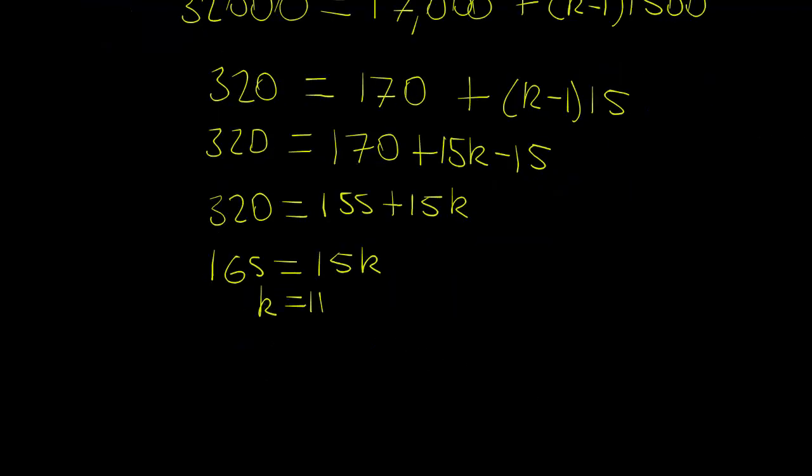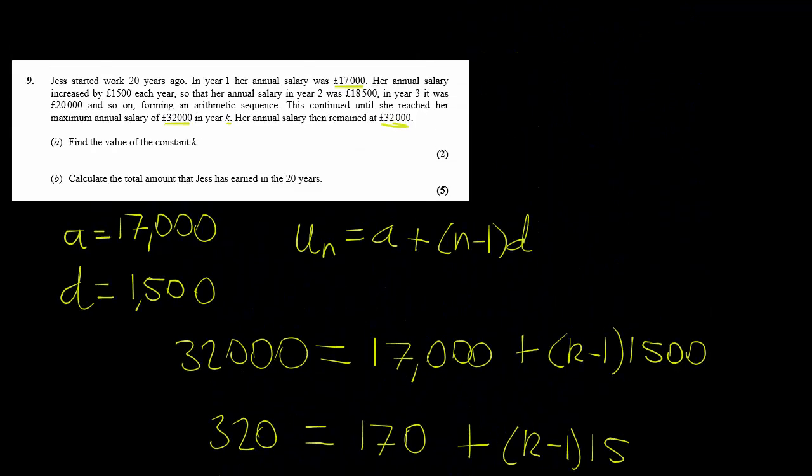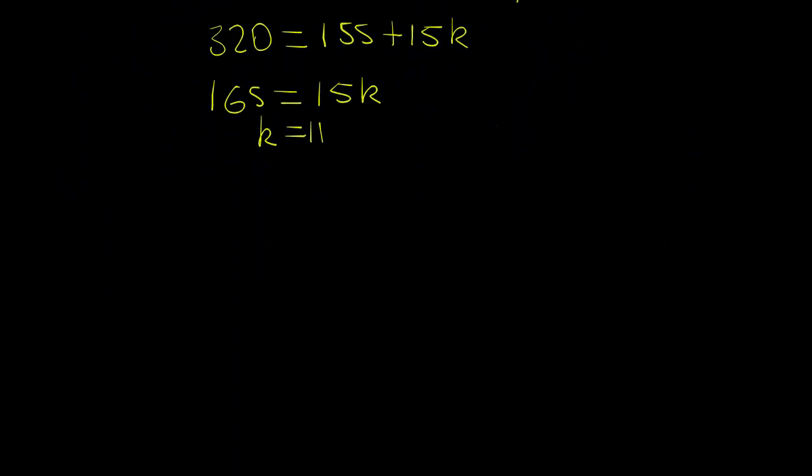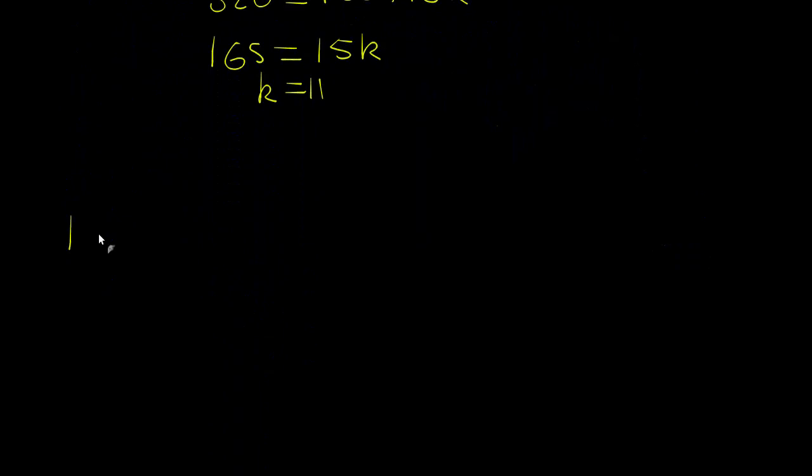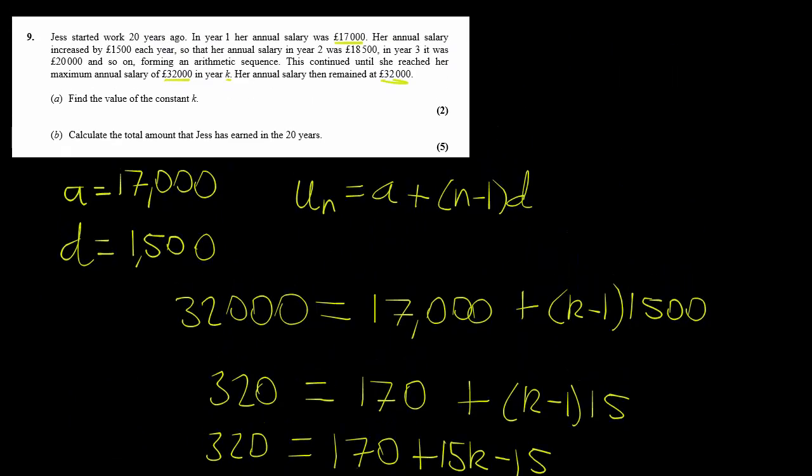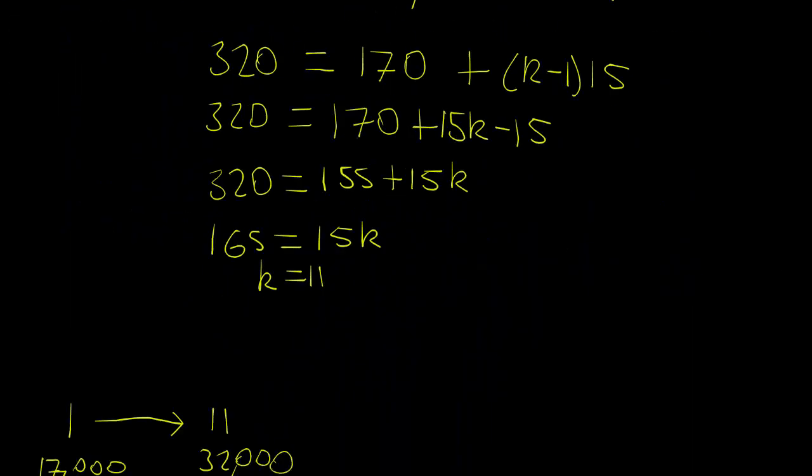So we know that Jess started working in year 1 and went up to the 11th year, and it increased from 17,000 at the beginning up to 32,000 by the 11th year. Then the next part says we need to find the total in the 20 years.